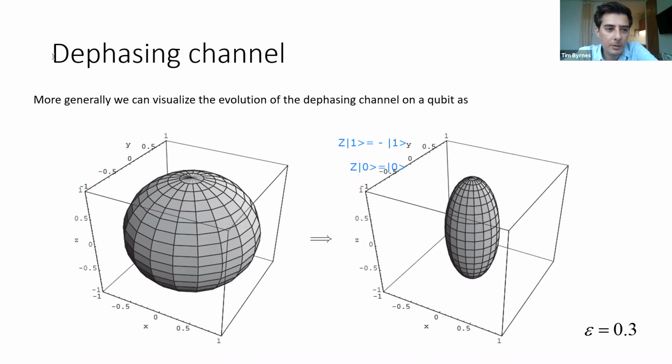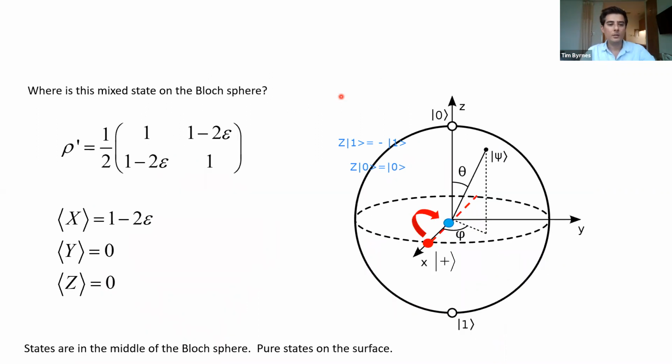And the reason why it's called a dephasing channel is perhaps easiest to see from the previous slide. I think I mentioned before that these off-diagonal terms are associated with the coherence.